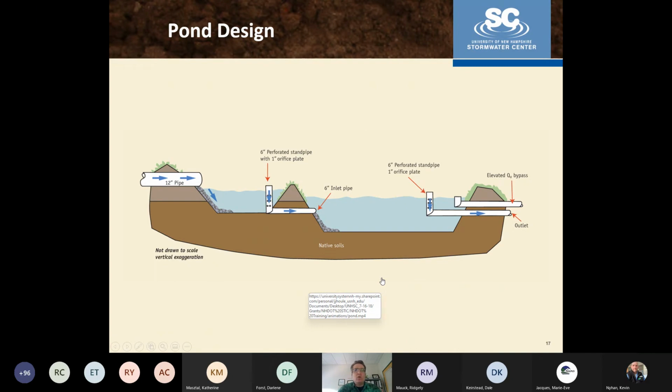The idea is that the pool does a better job of slowing everything down and giving those particles time to settle out. But as I've said, over time, if not maintained properly, these things can become not only unsightly, but sources of pollutants.